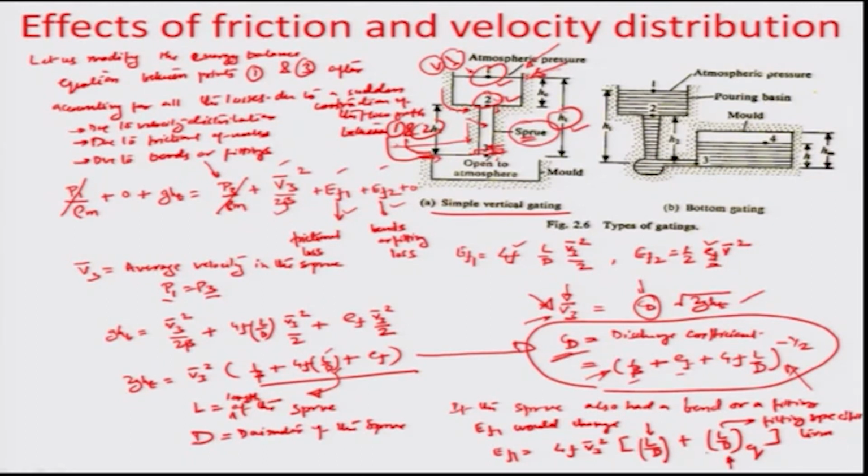Basically, if there is a bend of a certain dimension, there are data tables available about what the L by D equivalent would be for a particular kind of bend or fitting.